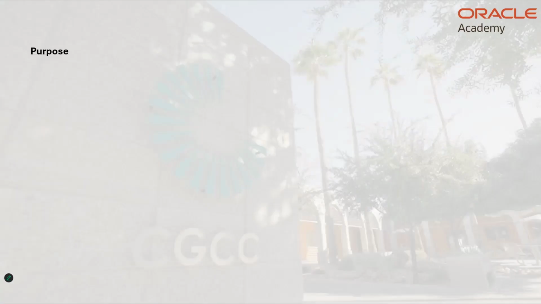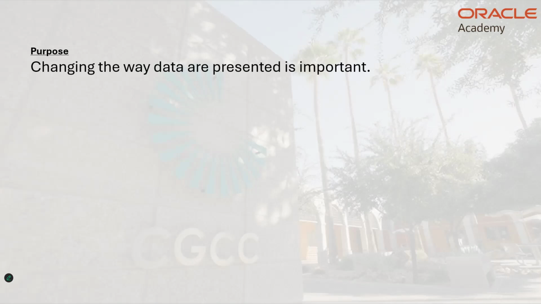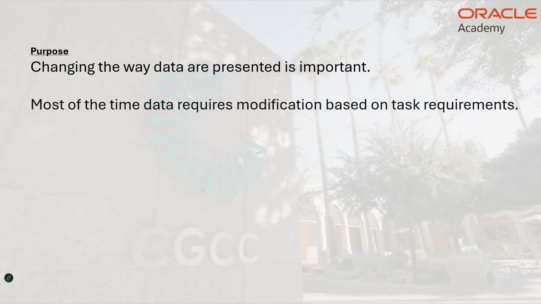All right, so why do we need this? If we need to change the way data are presented, that's probably the biggest reason. Most of the time you will not simply pull data from your database when you're generating a report.